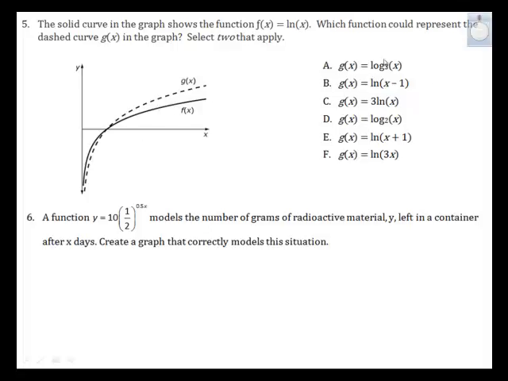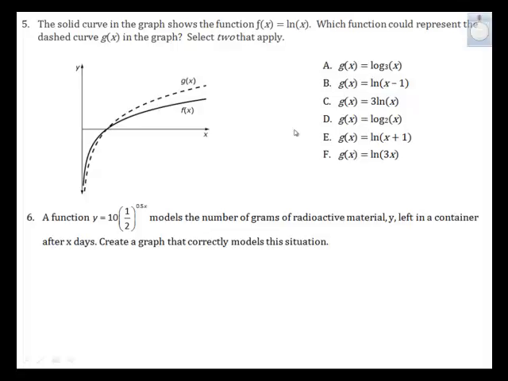Okay, so you want to recall a couple things when it comes to translations with functions. We see that we have a logarithm and another logarithm. Whenever we have base 2, we know that anything to the 0 power is 1. So that means that when the x value is 1, it's going to be 0.